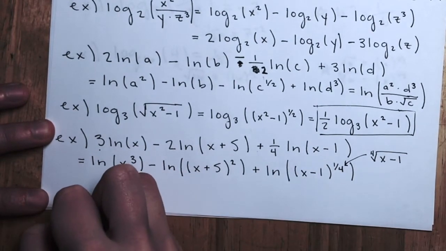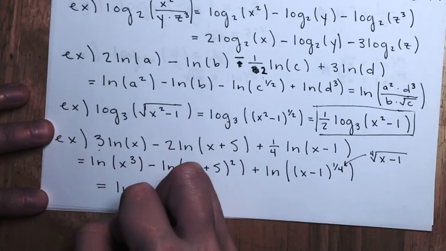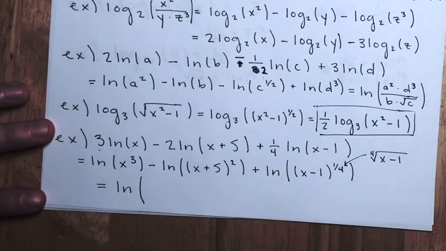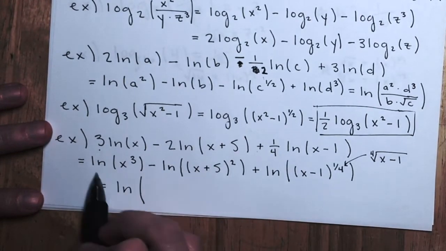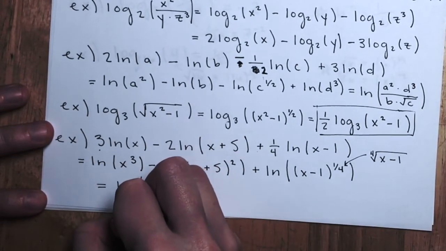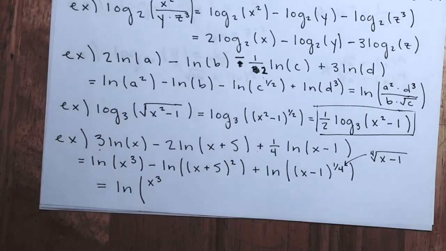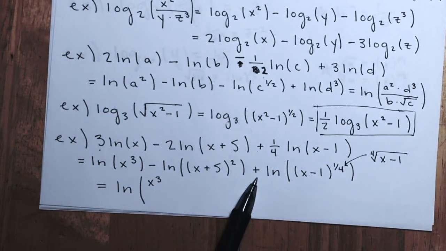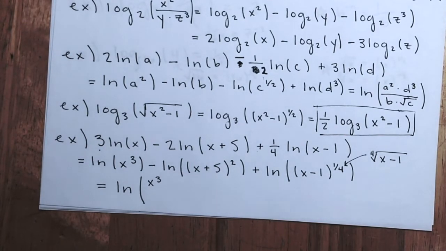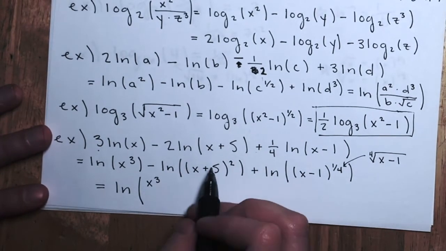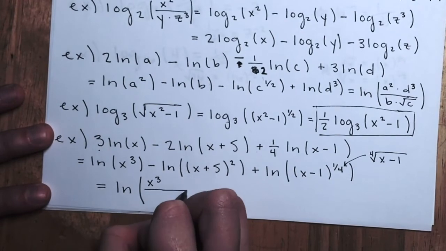But, all right, what is this equal to? So we've got ln. This x cubed term is positive, so it goes on top when we bring it on the inside, right? We are now condensing or combining using quotient and product rule. This second term is negative, so we know we're going to have to put that on the bottom.